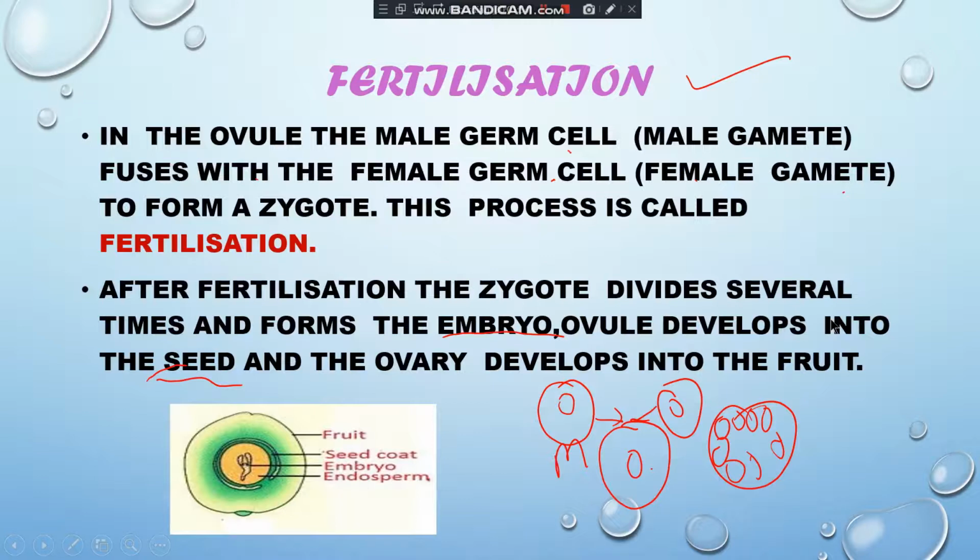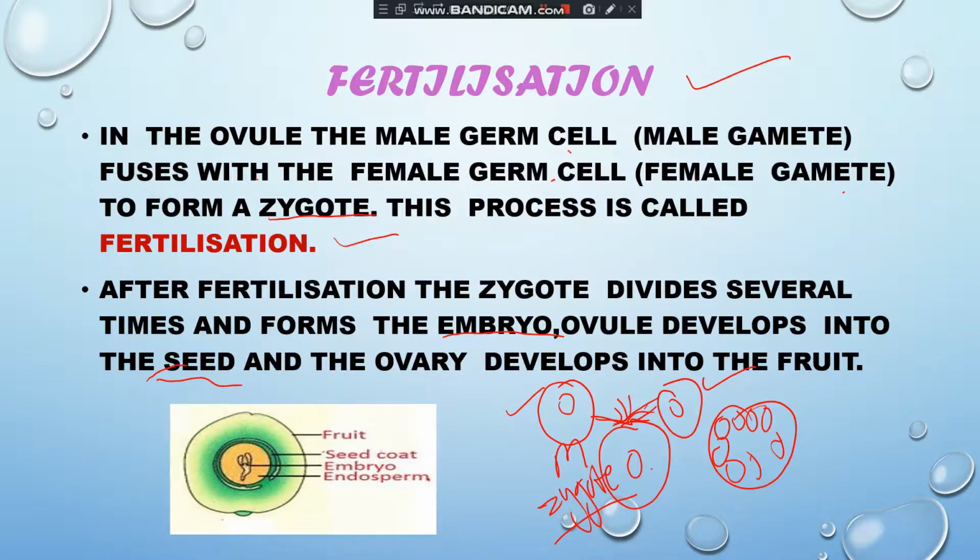After the fertilization what is formed? Zygote. Clear? The male sex cell is a single cell, the female sex cell is a single cell. They both fuse and form one single cell only. This is called zygote. So zygote is a single cell.